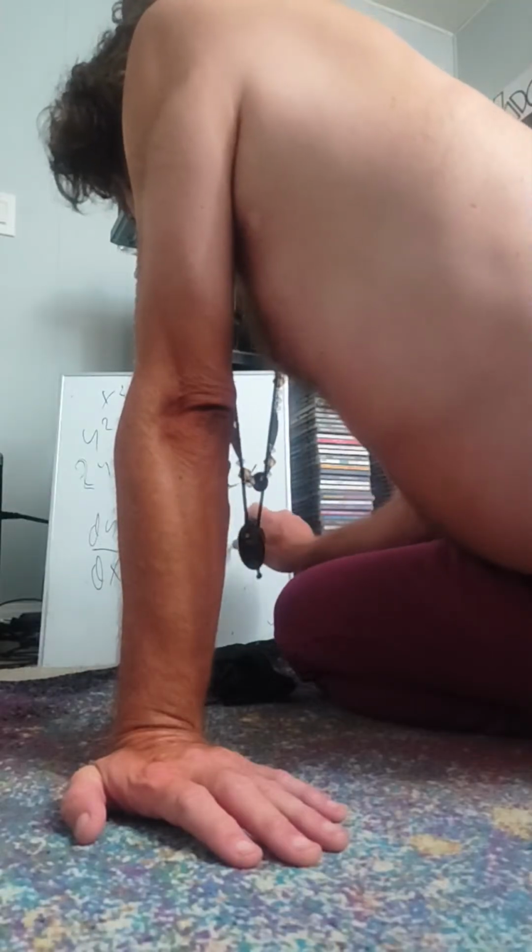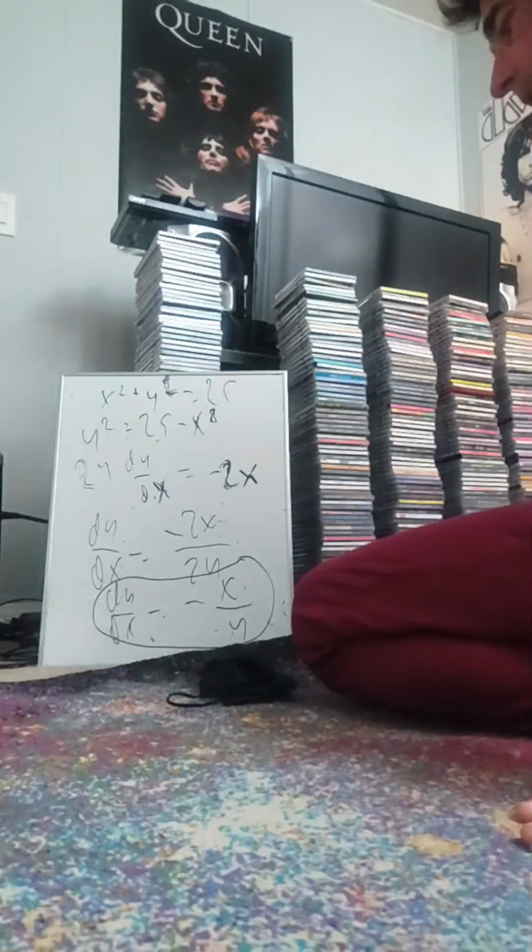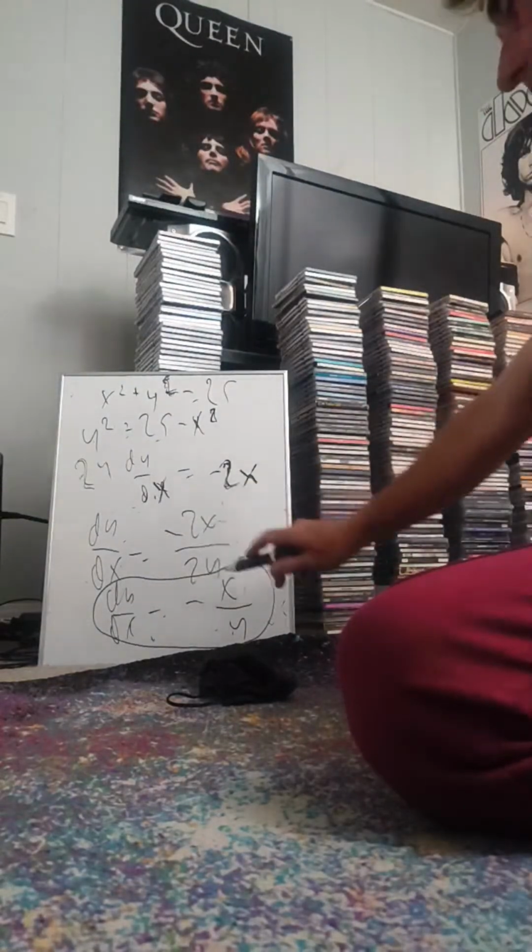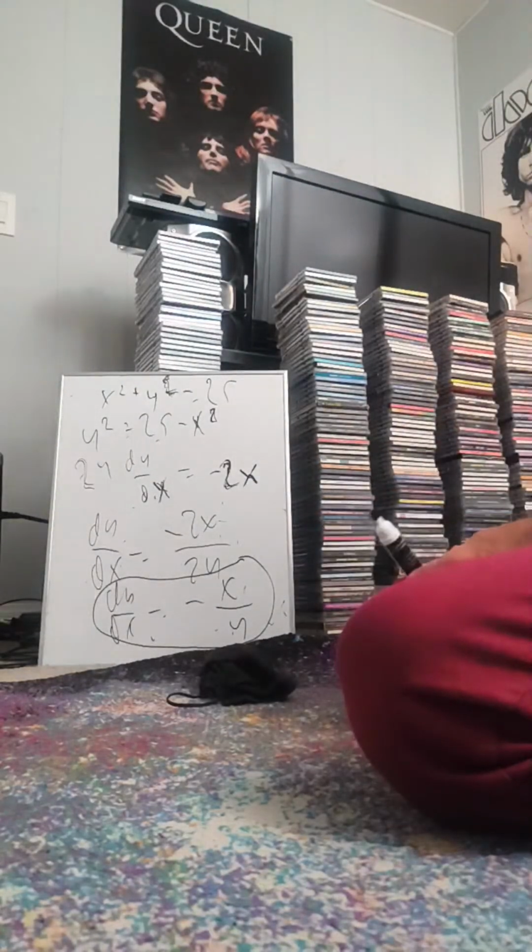Then I can solve for dy/dx. dy/dx equals negative 2x all over 2y. The 2's cancel out. So dy/dx equals minus x over y. That's dy/dx. It's a function of both x and y because you have a relation, not a function.